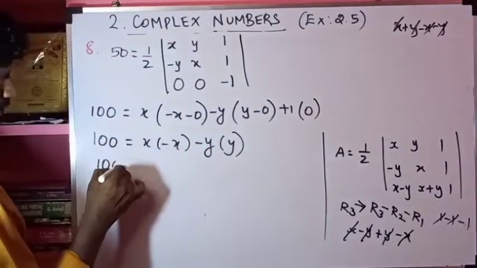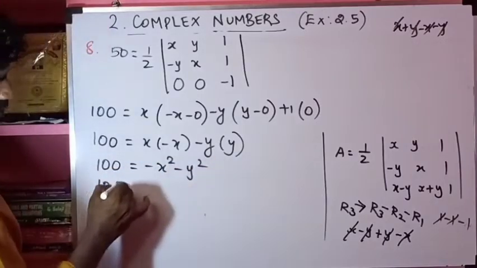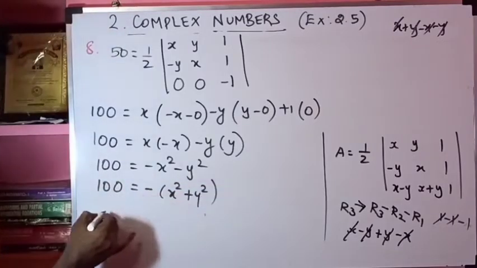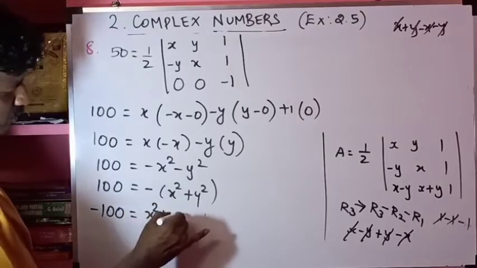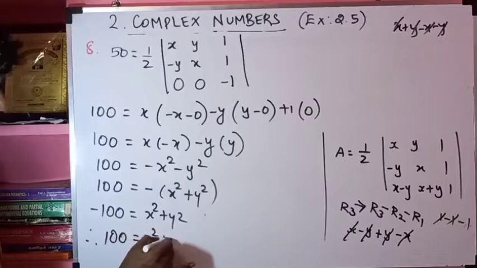So 100 is equal to minus x square minus y square, that is minus of x square plus y square. So minus 100 is equal to x square plus y square, which can be written as plus 100 is equal to x square plus y square.